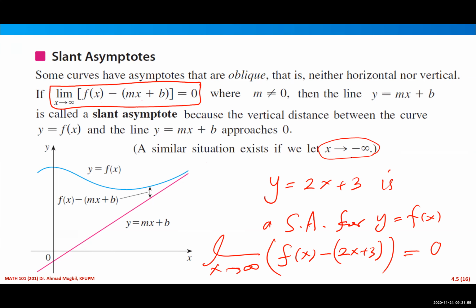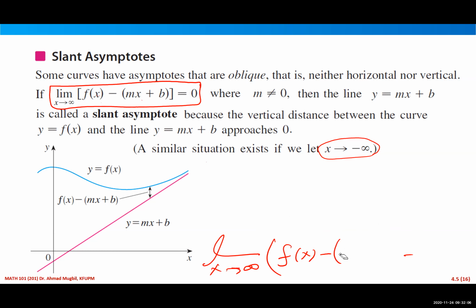Is there anyone, ya shabab, who remembers from Math 001, I think, how to find the slant asymptote for rational functions? If you have a rational function, can we find the slant asymptote in that case, when we don't have a horizontal asymptote?